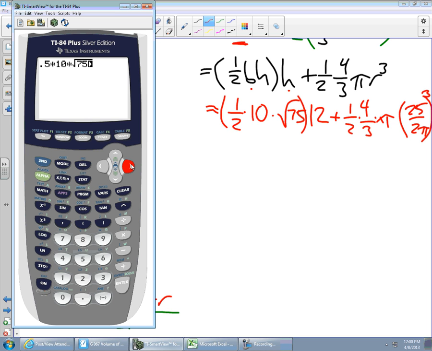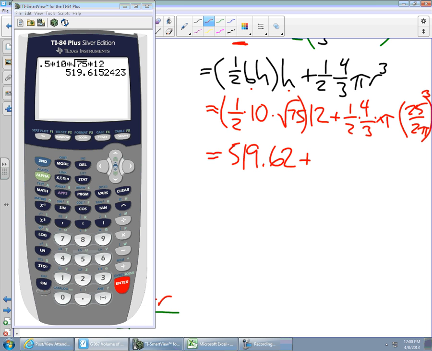Once you've gotten everything under the radical that you want, just press the right button one time, like you're trying to shift over one space. It'll shut off the radical, and now you can continue on with the problem. And I also need to multiply that by 12.